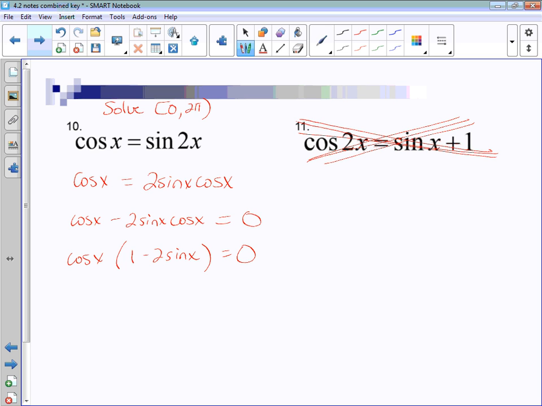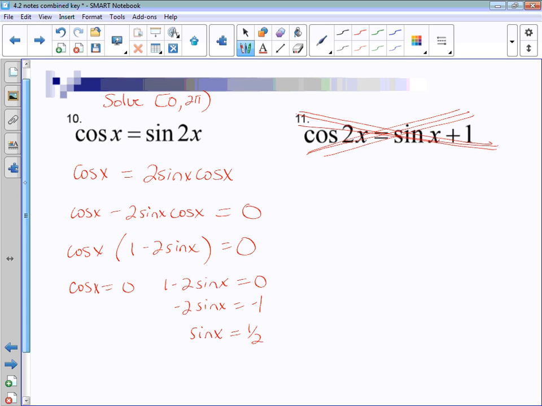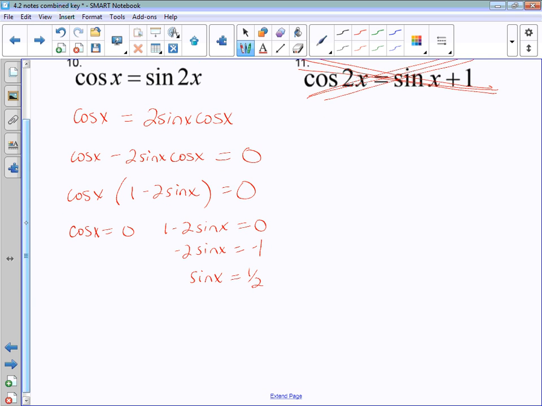So cosine of x equals 0, and 1 minus 2 sine of x equals 0. The cosine x equals 0, that one you've isolated your x. This one, I'd have to subtract my 1 and then divide by -2. So I'm trying to figure out when does cosine equal 0 and when does sine equal 1/2.